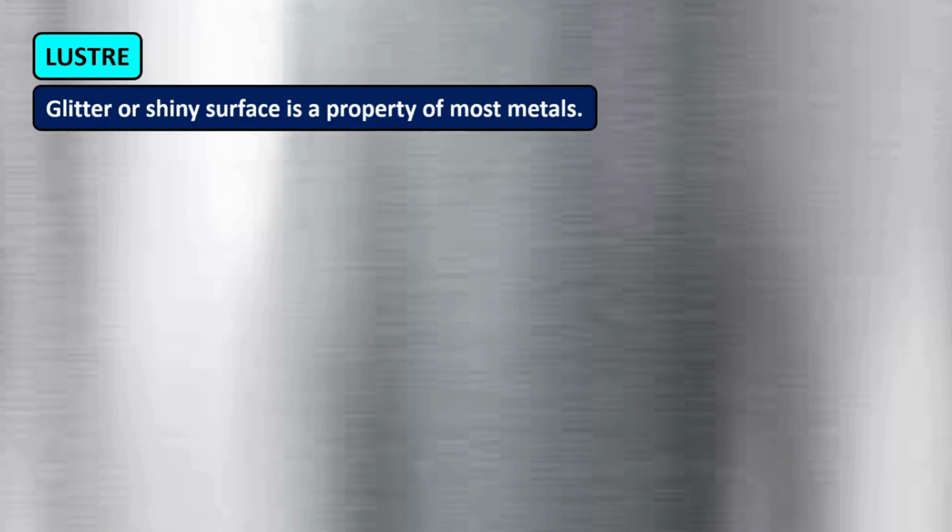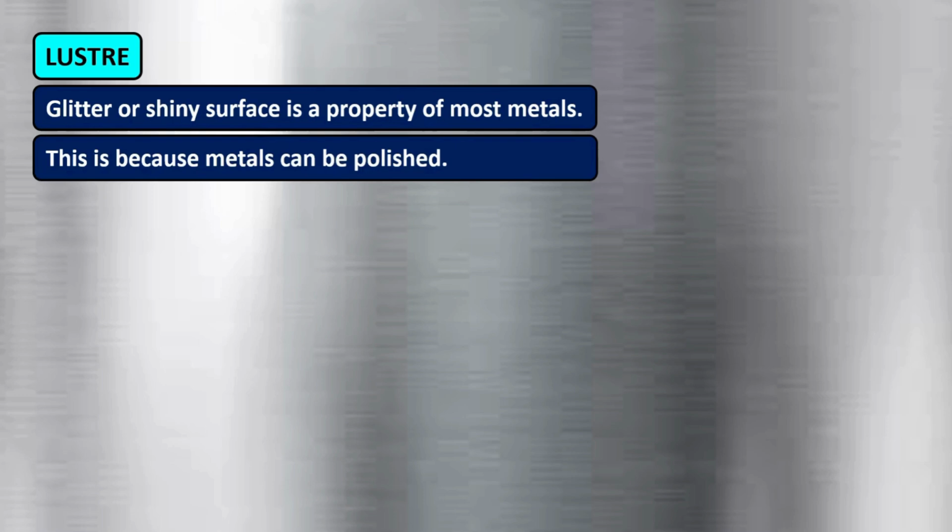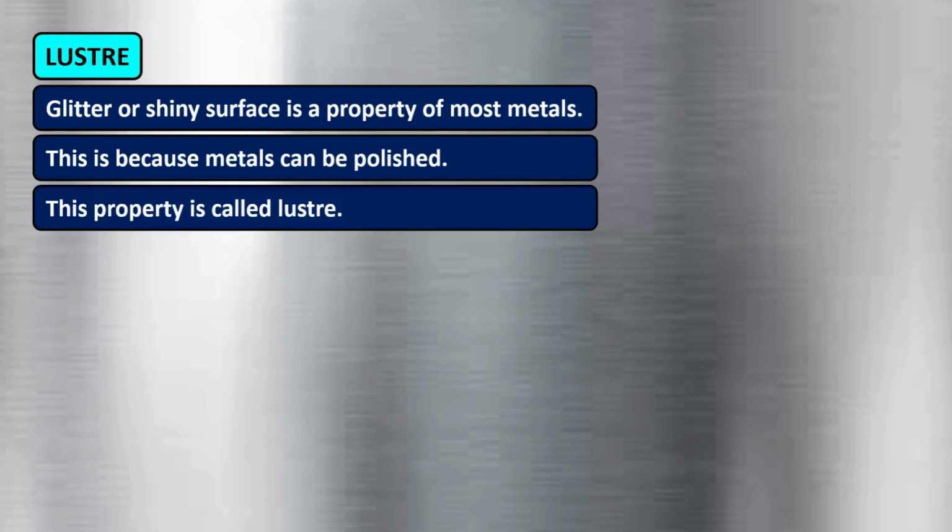Luster. Glitter or shiny surface is a property of most metals. This is because metals can be polished. This property is called luster.